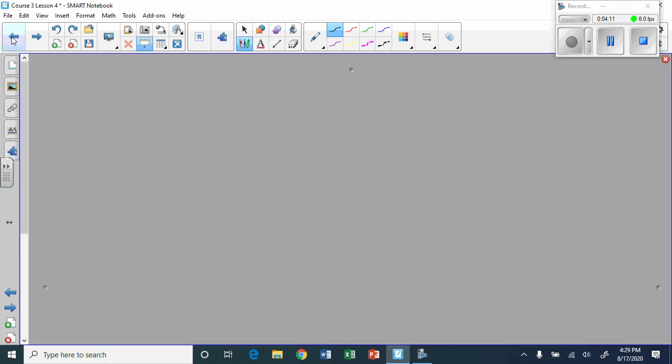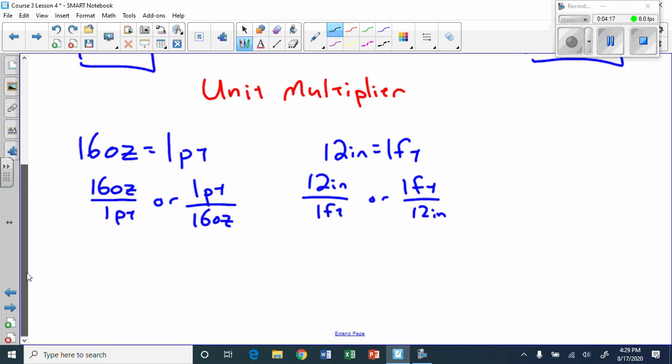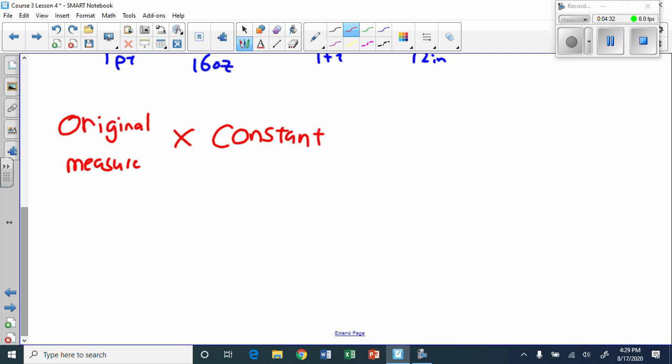So guys, I'm going to go back in our notes real quick to this piece right here. This times a constant. It'd be good if we took our original measure times a constant equals the new. That's essentially what we're looking at.